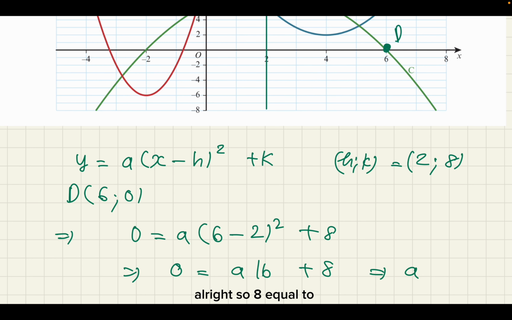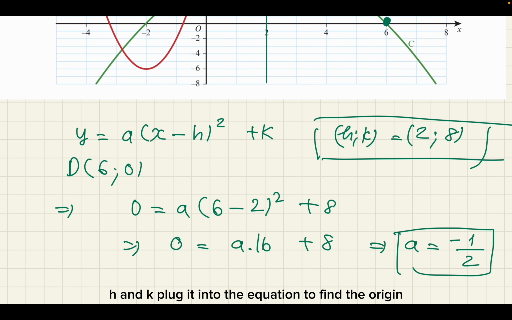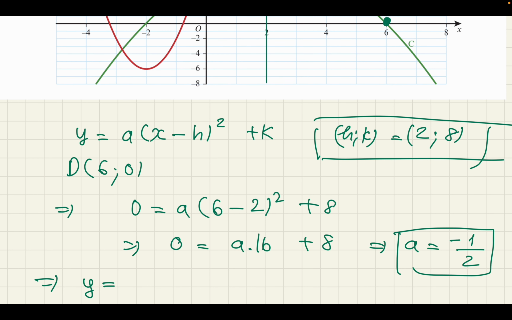So a equals -0.5. With a, h and k, we plug them into the equation to find the original equation: y = -1.5(x - 2)² + 8. So here is the equation of graph C.